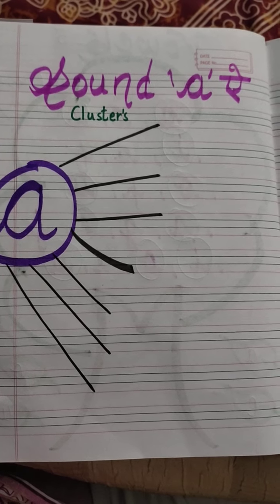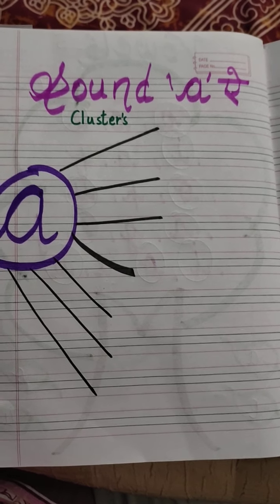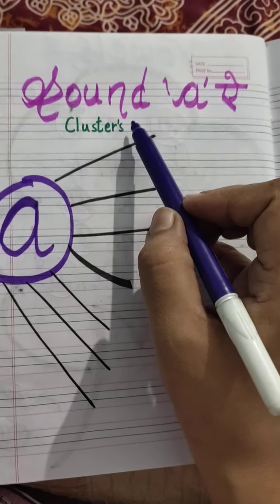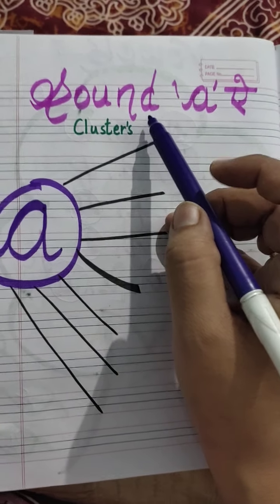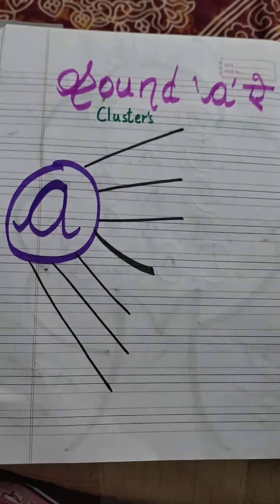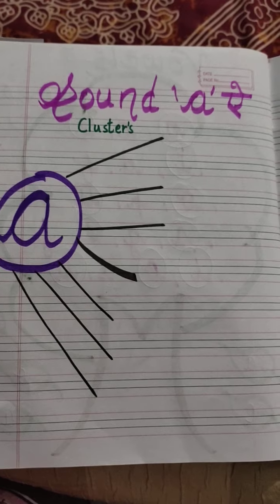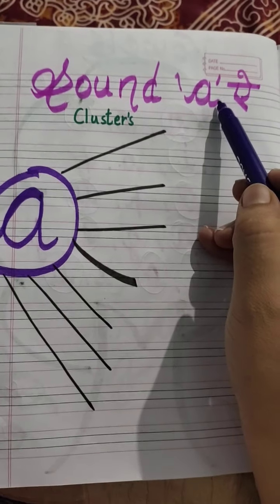So, students, now we already did sounds. We already did the sounds of every letter, and you also know how to make letters, A to Z. Now, our next work is sound words.